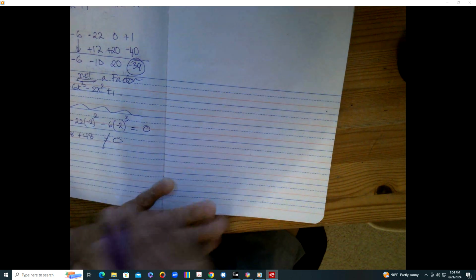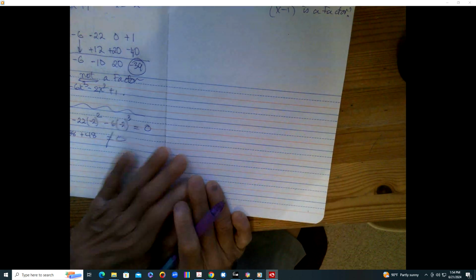All right, cái bài 4A này đó, nó muốn hỏi mình là x to the third minus 2x squared minus 11x plus 12. And they want to know if x minus 1 is a factor.